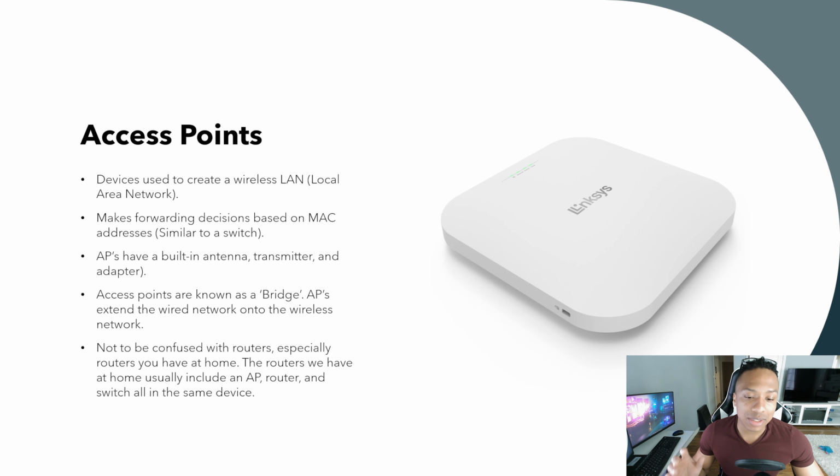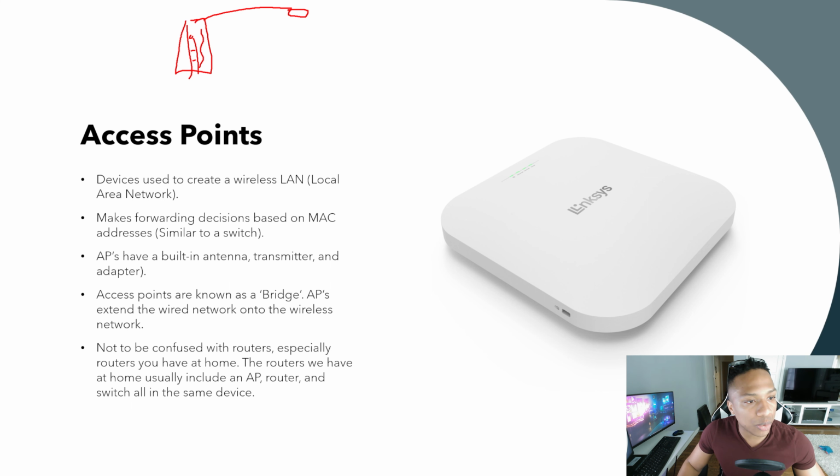Access points by themselves, things we use at companies and different businesses, don't provide routing functions or anything like that. All they do is act as a bridge. So all they do is extend the physical network. So you have the physical network, wires, all this stuff, whatever. But you'll have a wire here connected to an access point on the ceiling.